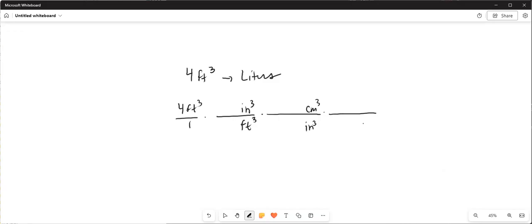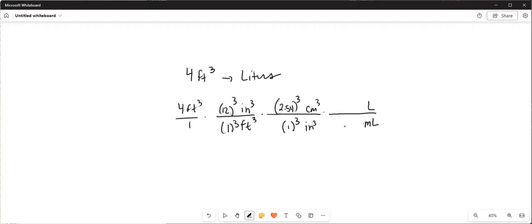So milliliters to liters. Okay. So there are 12 inches in a foot. So 12 inches cubed. And there are 2.54 centimeters in an inch. So you have to make sure you cube each thing.